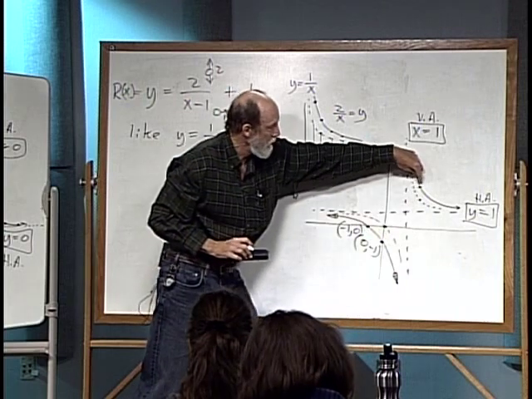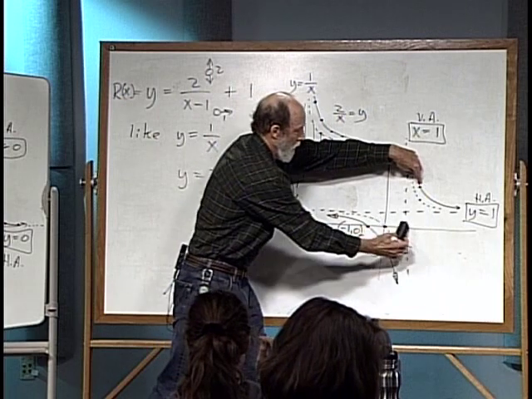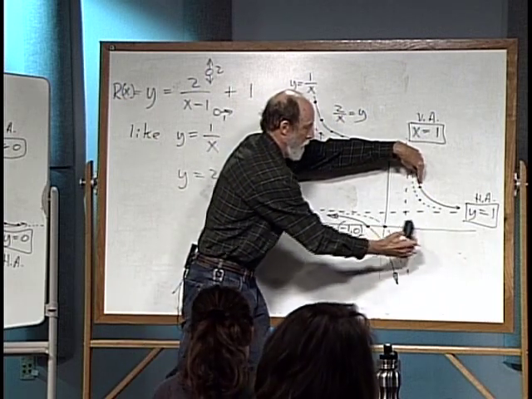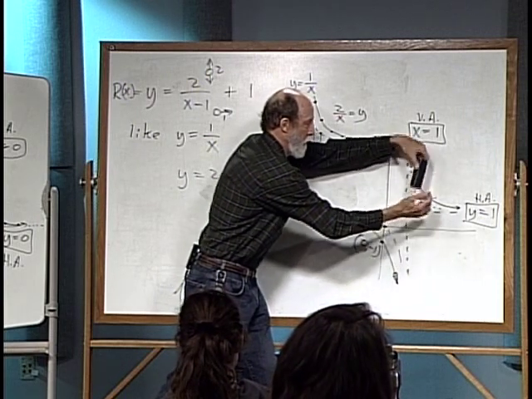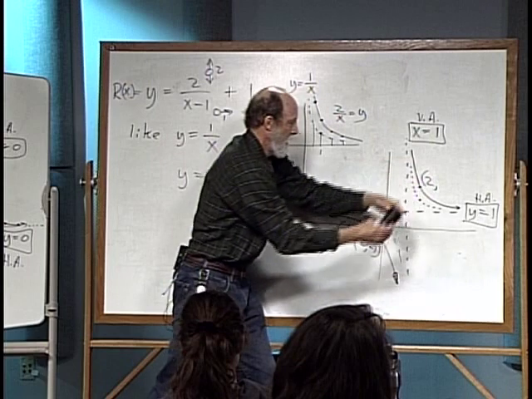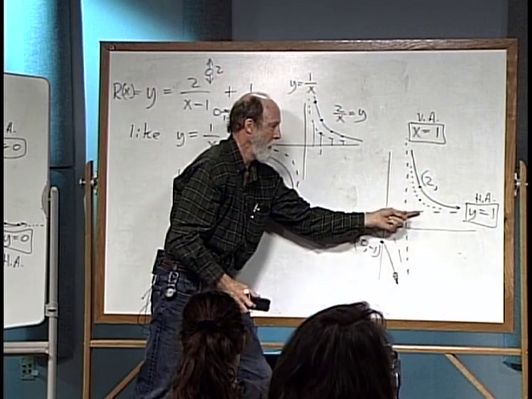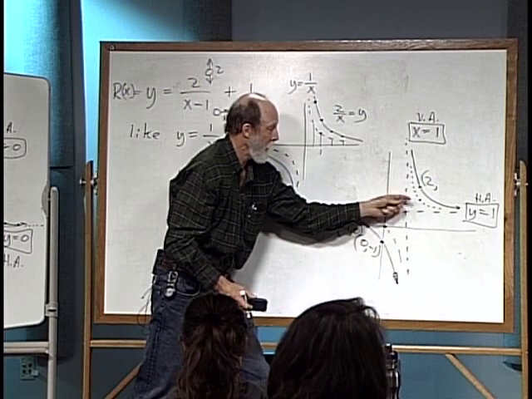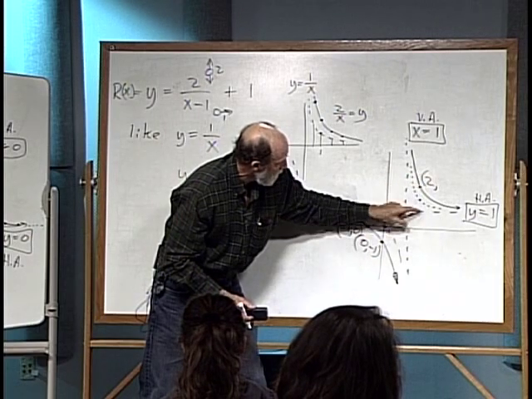What would that spot be if you were listening to what I said earlier? Shifted 1 to the right, you go 1 more, 1 to the right plus 1 more is 2, so x equals 2. And the y value, this gets you up on the asymptote by going up 1. And normally you'd be up just 1 above that, but actually we've got a stretch on there making it twice as tall, so we actually have 2 plus the 1 is 3.